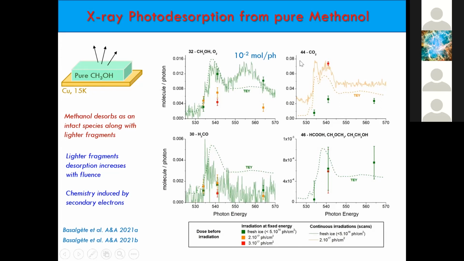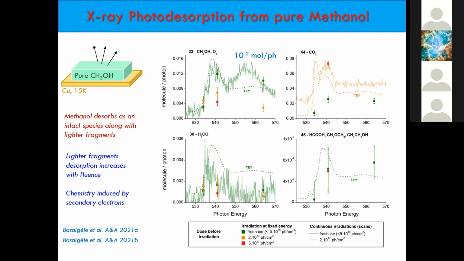Even at the lowest fluence we can do, we already have some chemistry, but the yields are very high, 10⁻² molecule per photon for methanol. So for methanol, we have desorption rates, and we see lighter fragments with a lot of chemistry.